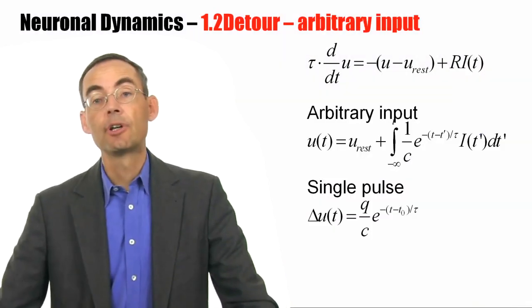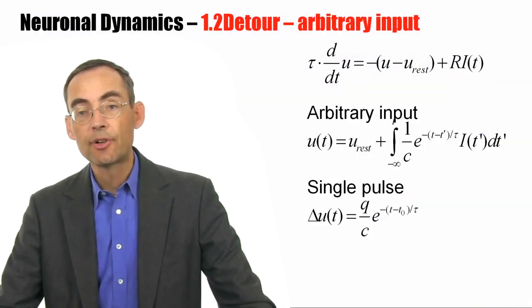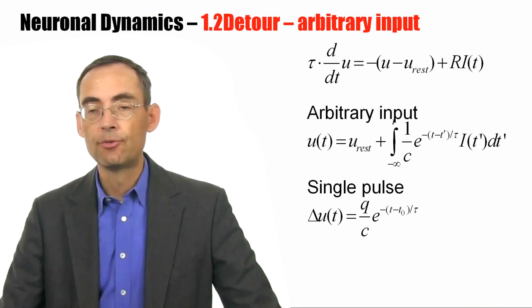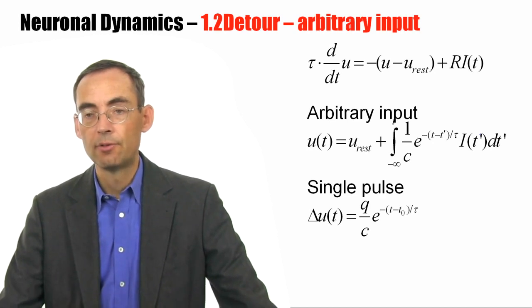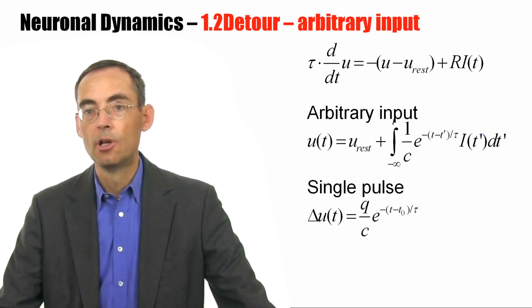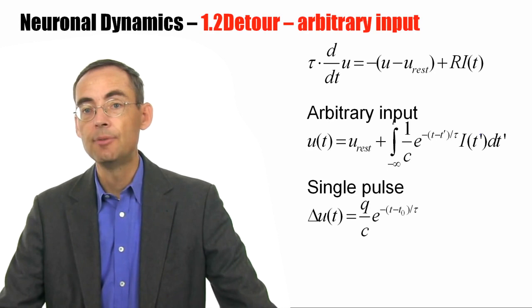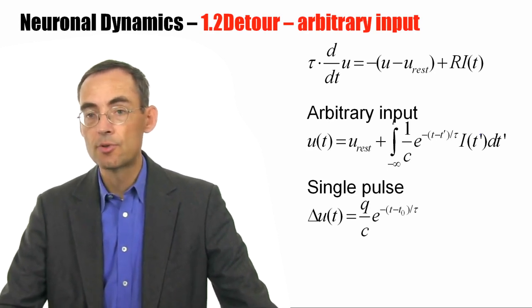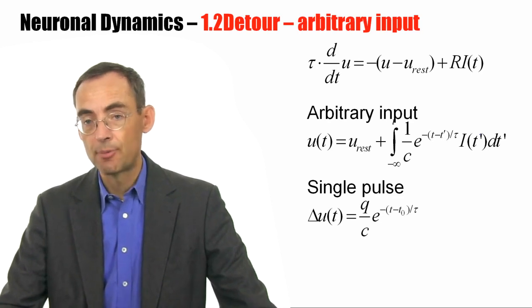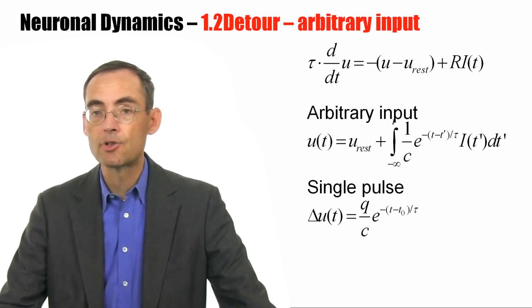This linear differential equation can be solved for arbitrary time-dependent input. We can write down the general solution for arbitrary time-dependent input. Particularly interesting cases in the context of neuroscience are indeed the step current and the short pulse current.